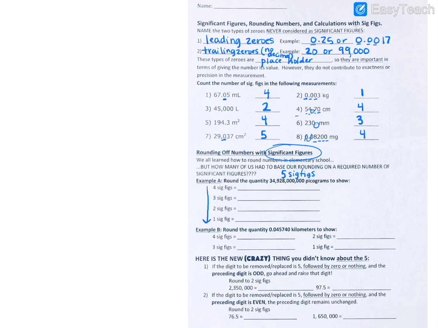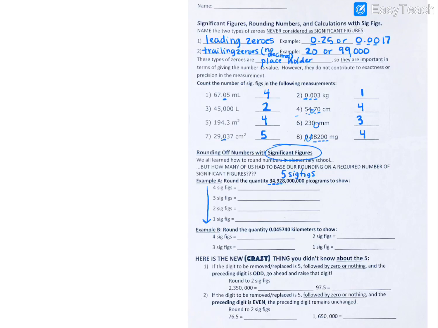If we want to keep 4 sig figs, that means we're going to keep the 3, which represents the 30 billion, 4, which represents 4 billion, the 9, which represents 900 million, and the 2, which represents 20 million, all right? That means that we cannot keep the 8.